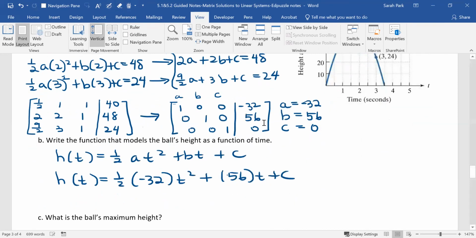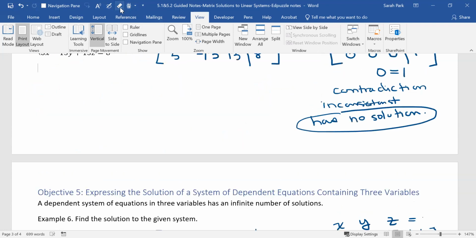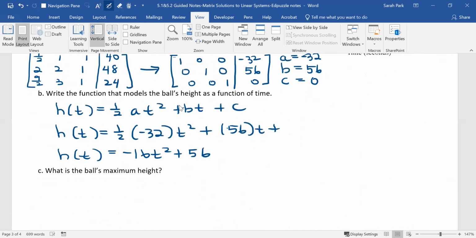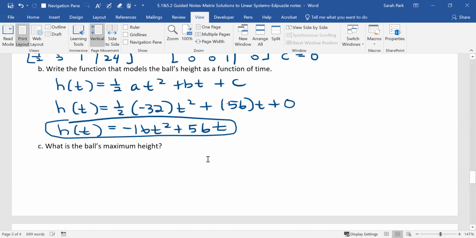If we write this again and simplify what we can, negative 32 times 1/2 is negative 16 t squared plus 56t, and c is 0. So there's our function.